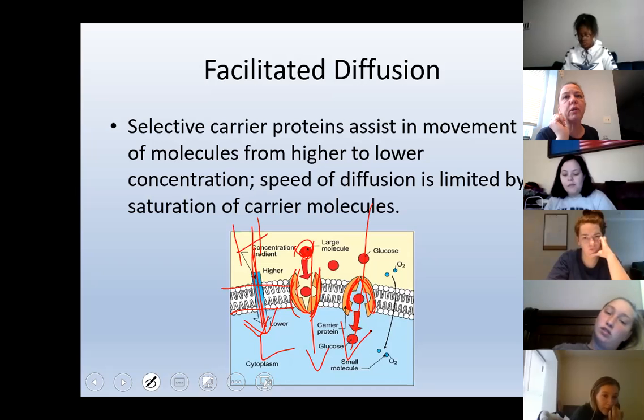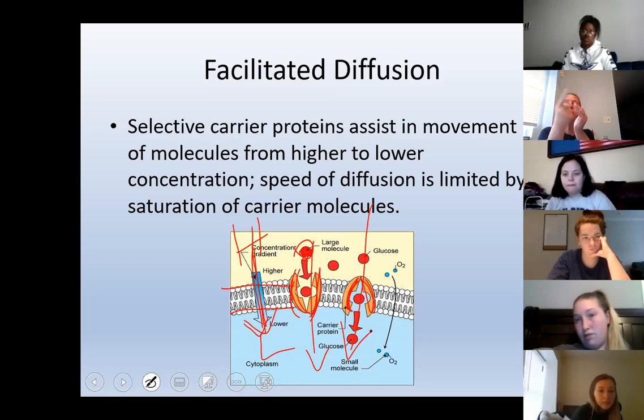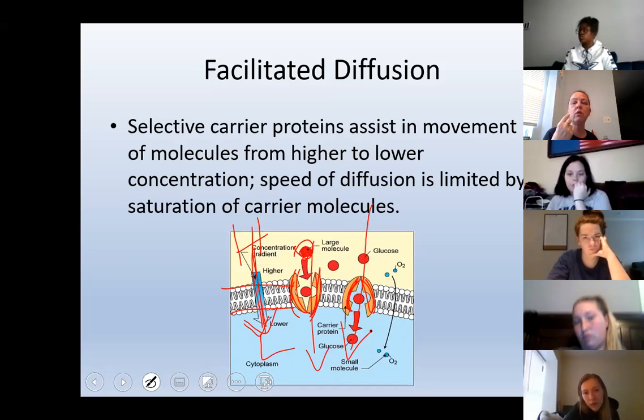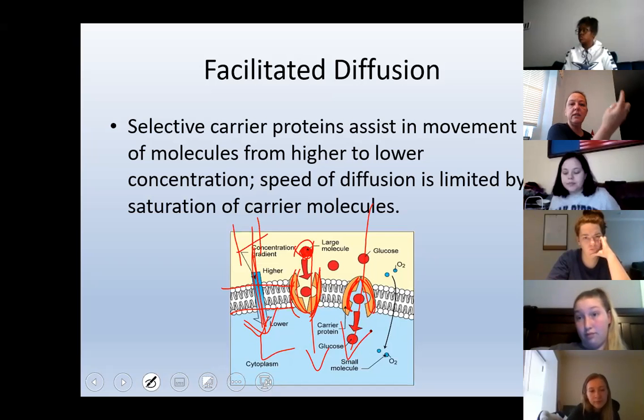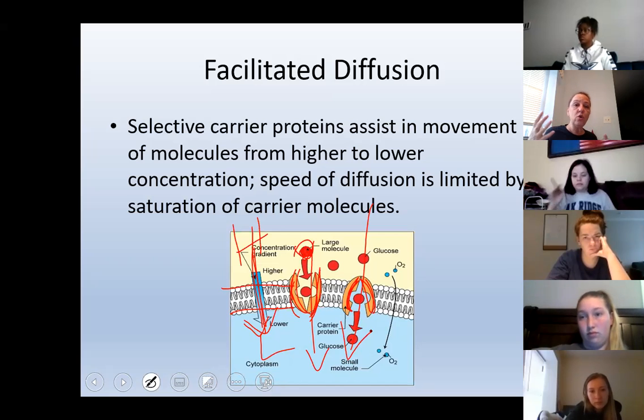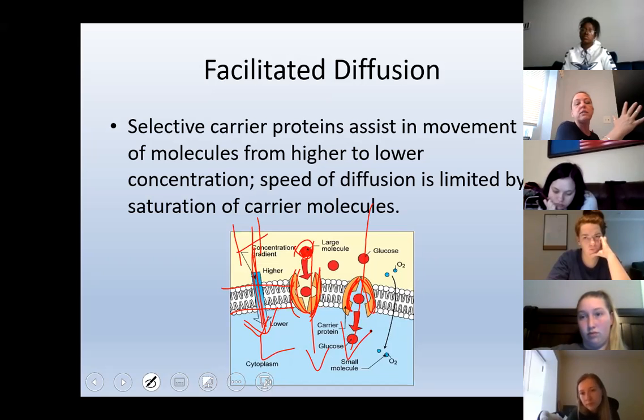What this is, is a little protein that acts very similar to a rotating door. So if you go to the mall, or pre-COVID, when you went to the mall and went through that rotating door, or really any door, you yourself are too big to pass through the glass wall to get into the store.